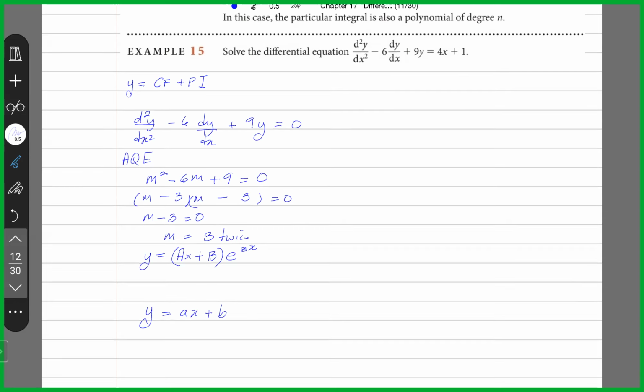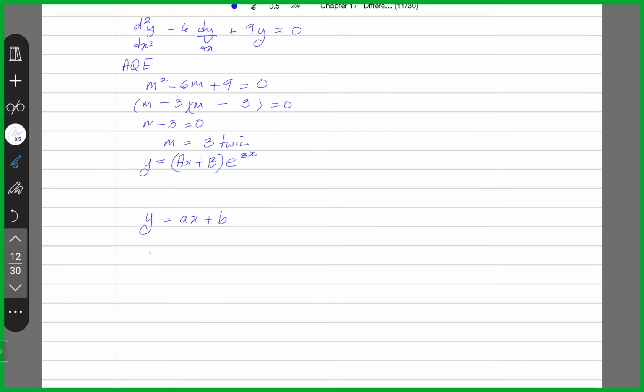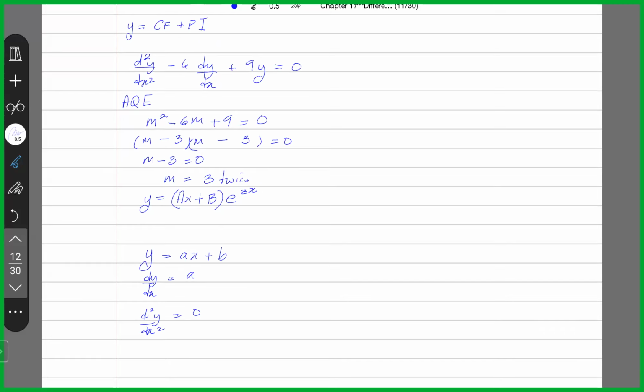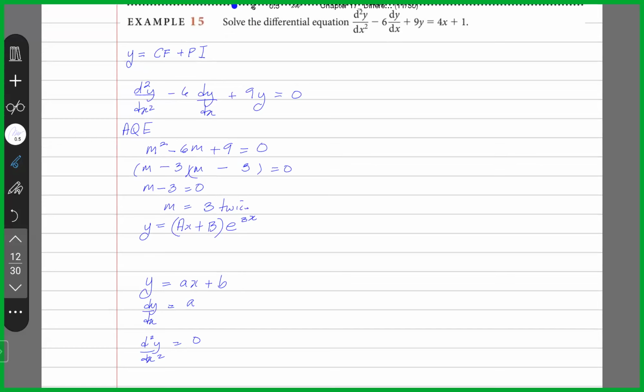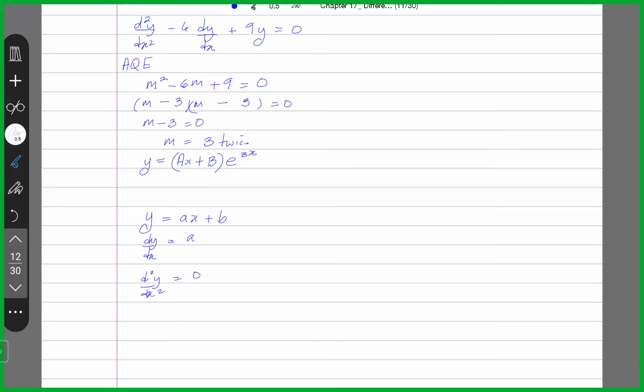Let's differentiate. dy by dx is equal to a, and d2y by dx squared is equal to 0. So remember, going back now to the equation, let me just write that.